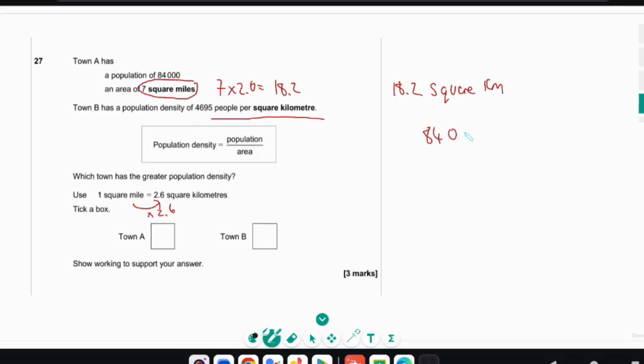So 84,000 divided by 18.2 is 4,615.4. So town B has the greater population density.